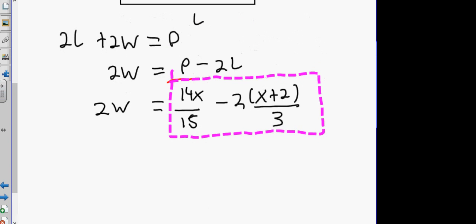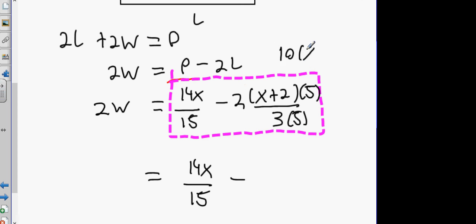So, what we're going to get is the following. We're going to get 14x over 15. I'm going to just multiply the top and bottom by 5 to turn it into 15s, okay? So, 2 times 5? 10. Minus 10 times x plus 2? Minus 10x plus 20. Minus 20. Actually, sorry guys, I'm just going to keep it at this step here for a second.